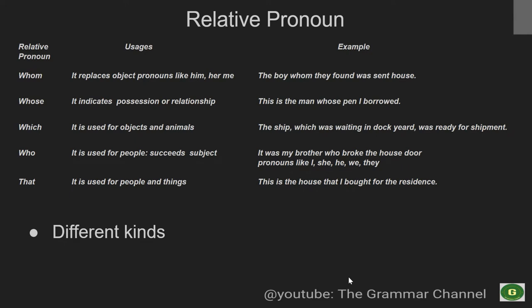I'll give you some examples. This is the student who won the academic award. People who like history enjoy going to museums. So these are defining relative clauses.